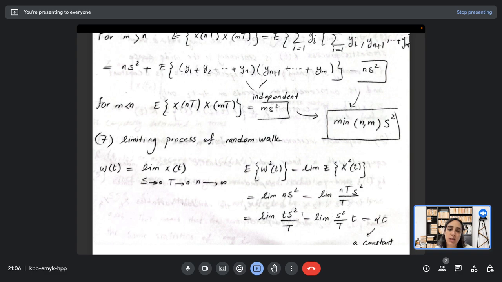We will just add some t to both parts of our fraction, and then we will substitute n times capital T with small t, and after calculating the limit, it is going to be equal to alpha times t, where alpha is a constant, the limit of s to the power of 2 divided by capital T.